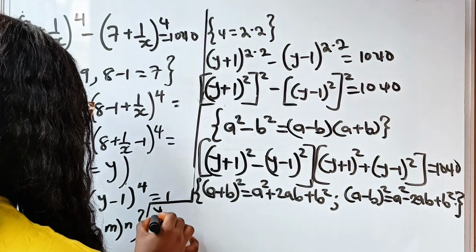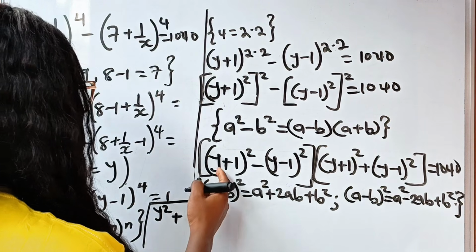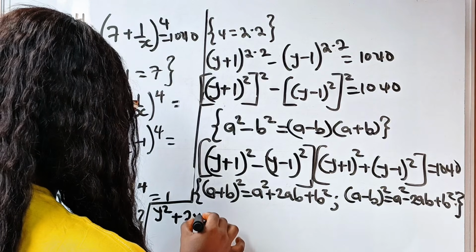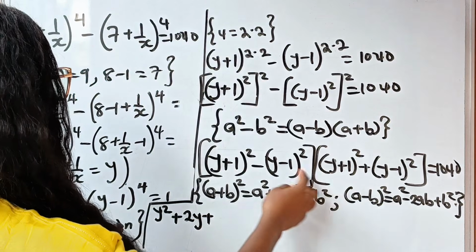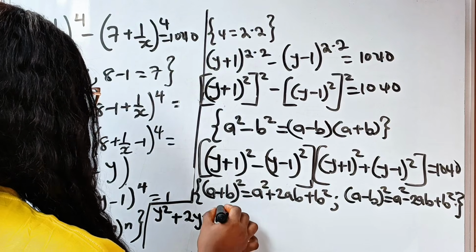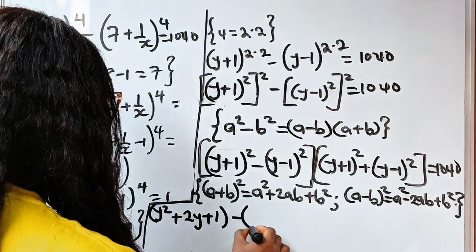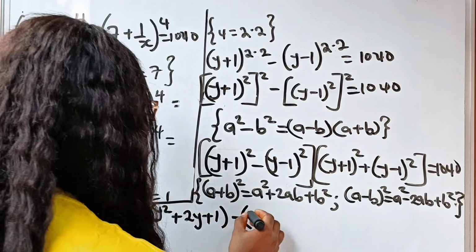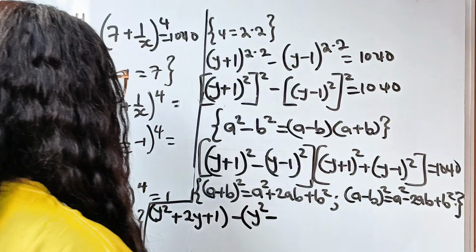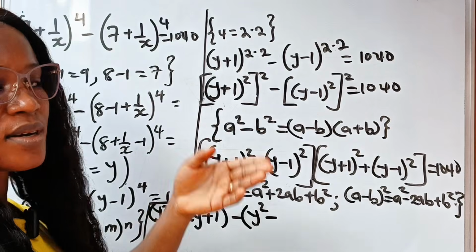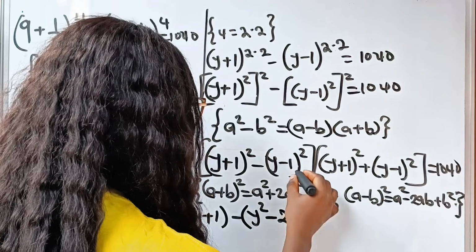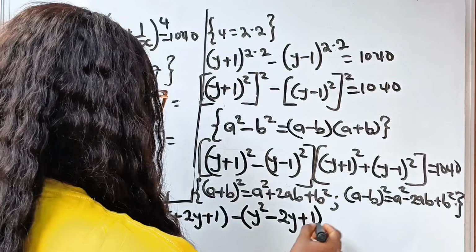We are going to have y squared plus 2 times y times 1, which is 2y, plus b squared, that is 1 squared, which is 1, minus, now y minus 1 squared will be y squared minus 2ab, that is 2 times y times 1, which is 2y, plus 1 squared, which is 1.